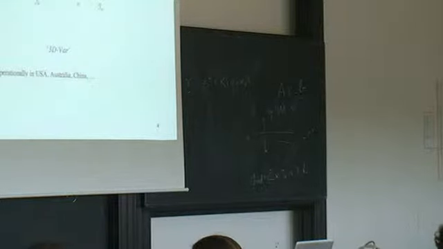This is what I said. So this is the weighted average of z1 and z2, with a larger weight given to the piece of data which has a smaller error. Which is very natural.